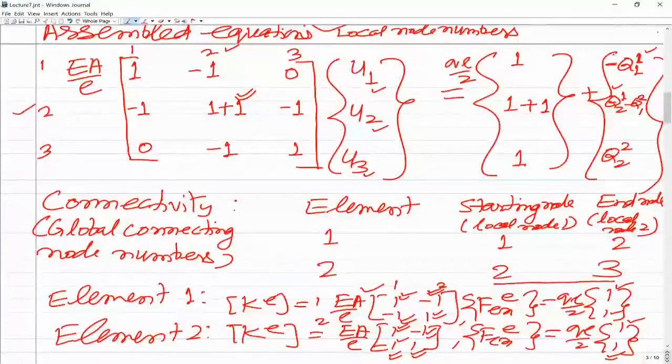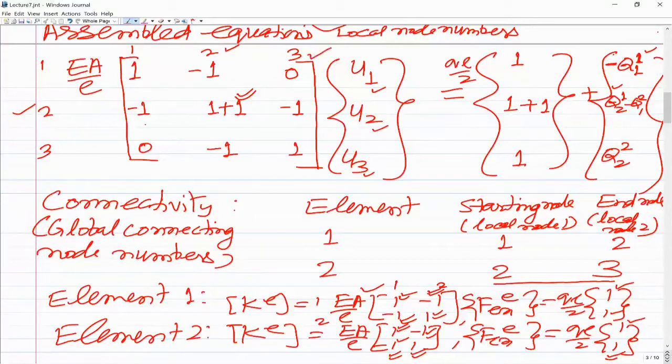So this is the assembled system equation. We assembled in the sense that we have added the contributions of both the elements. When we multiply this, essentially the first equation is the force balance at node number 1, because these are actually three equations. When you multiply the first row of this matrix with u1 u2 u3 and equate to the first row on the right hand side, that's the first equation.